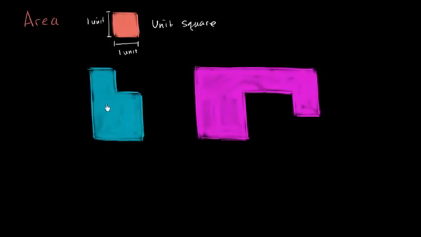So I'll start with this blue one. So we could put 1, 2, 3, 4, 5 unit squares. And let me write this down. So we got 1, 2, 3, 4, 5 unit squares.